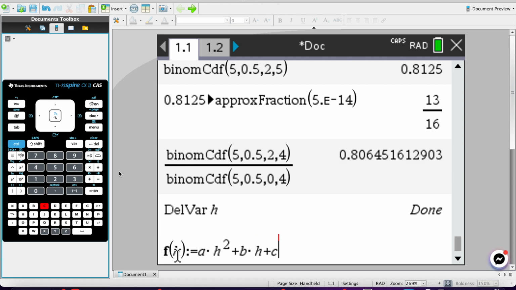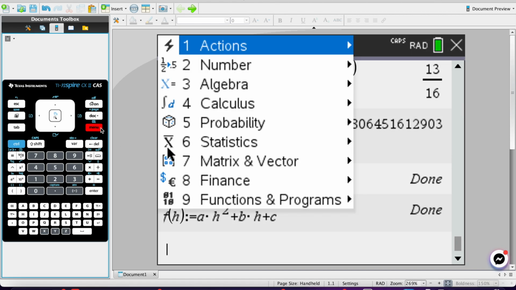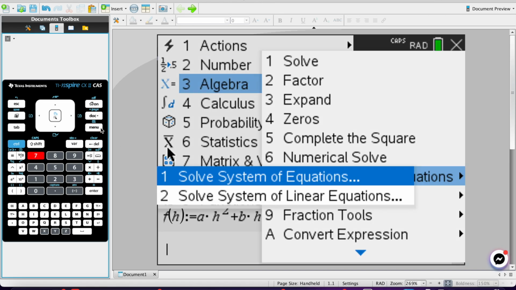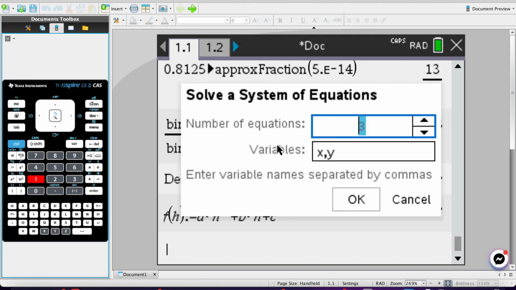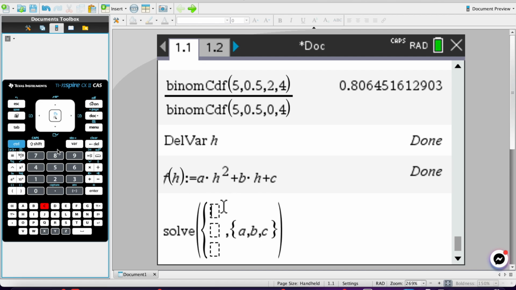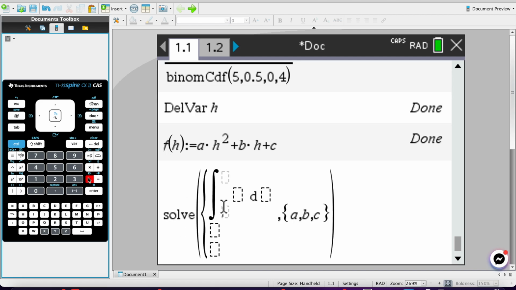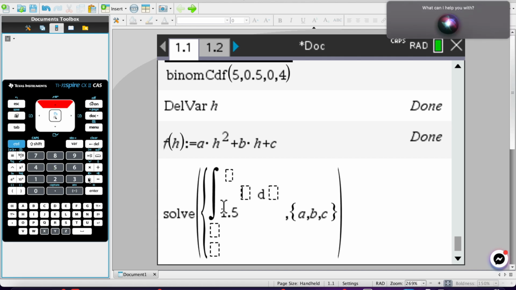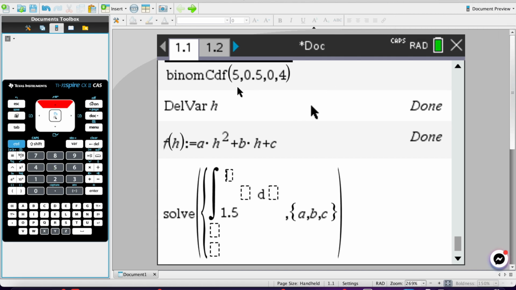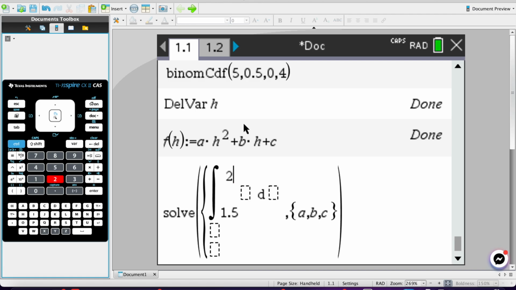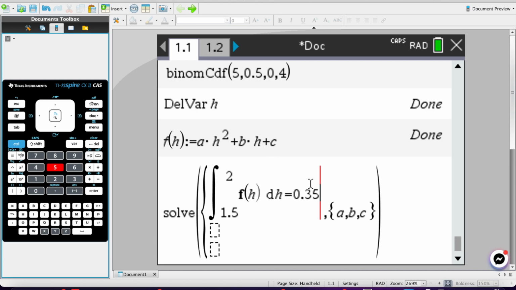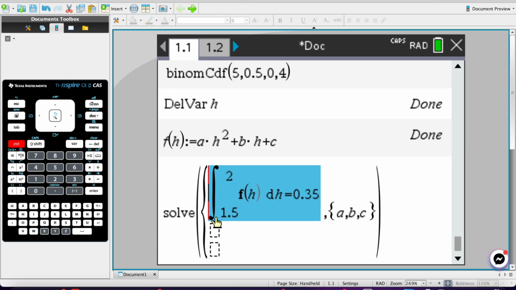Okay, and then we've got menu 3, 7, 1. We've got 3 equations. We've got A, B, and C are our unknowns. First equation, integral from 1.5 to 2 of f of h dh is equal to 0.35.